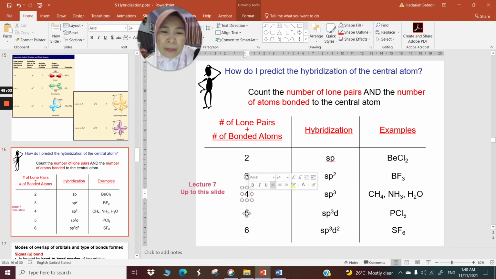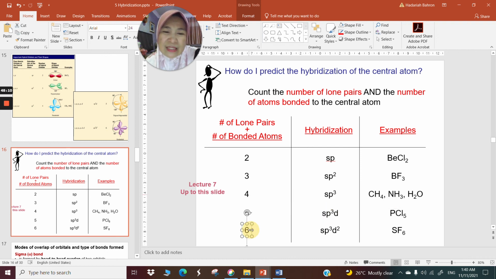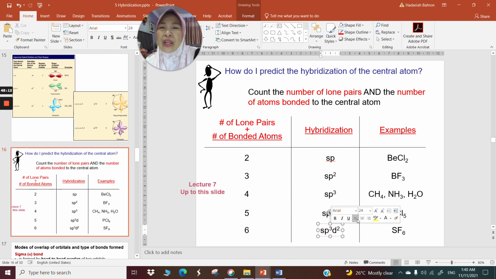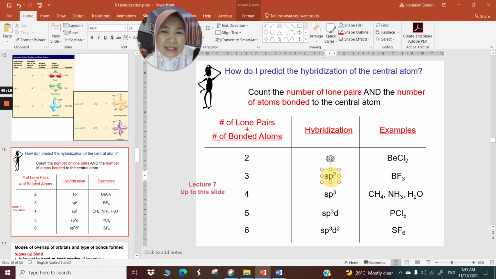When you have 4 pairs, it is sp3, 5 pairs is sp3d, and 6 pairs is sp3d2. And the shape, this is linear, that is trigonal planar, that is tetrahedral, that is trigonal bipyramidal, and that is octahedral.